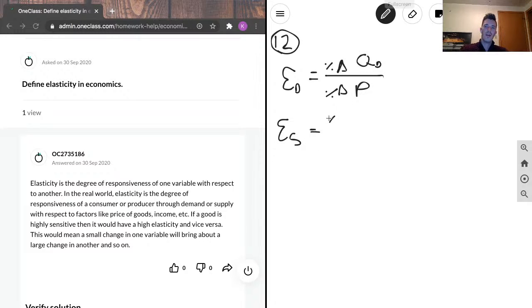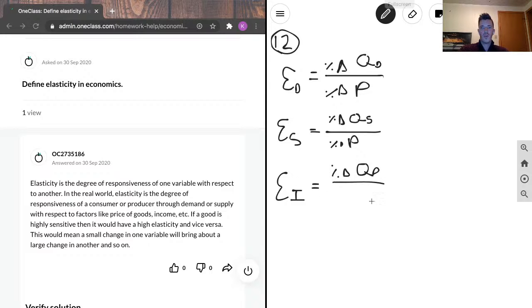That looks like the percent change, again, I use delta here to denote change, that's the triangle, in quantity supplied over the percent change in price. Another one is income elasticity. What that looks like is the percent change in quantity demanded over the percent change in income.